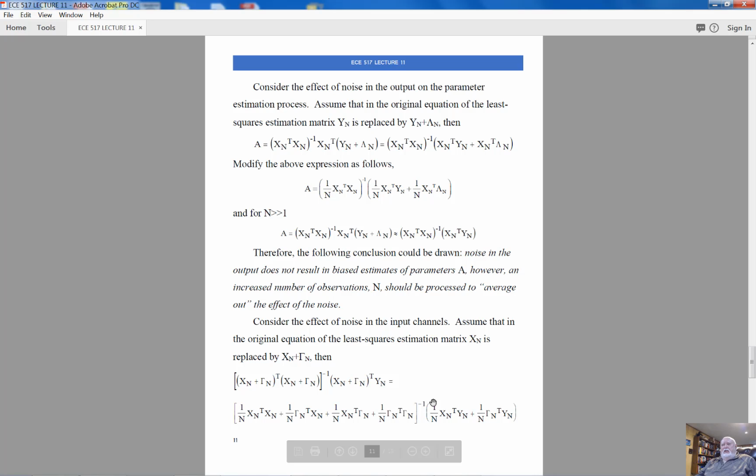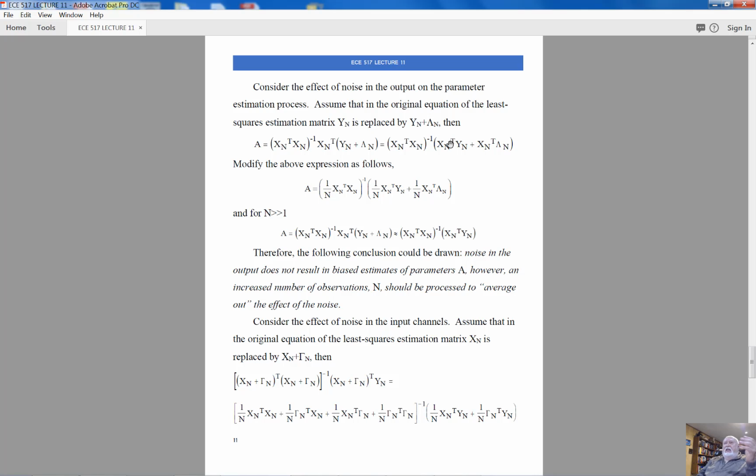First of all, let's consider the effect of noise in the output y of the parameter estimation process. What does it mean having noise in the output, additive noise? You can always assume that instead of column yn, we have column yn plus lambda n.